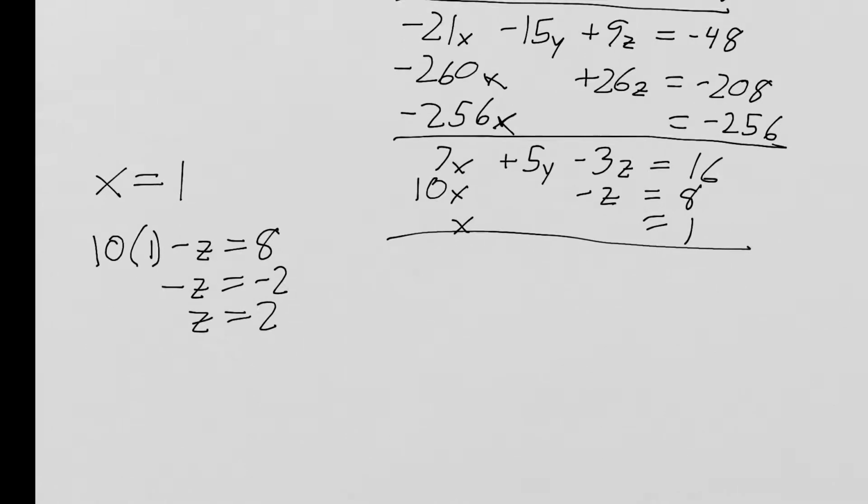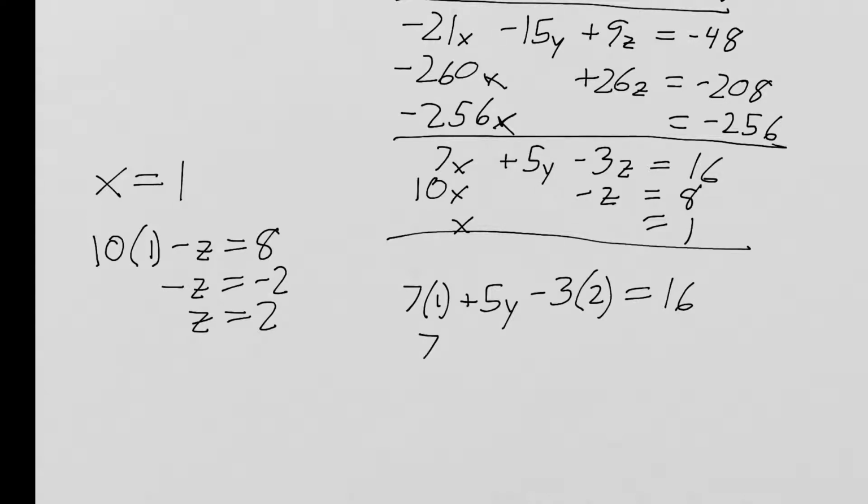And now I can plug both x and z into the first equation. So I get 7 times 1 plus 5y minus 3 times 2 equals 16.